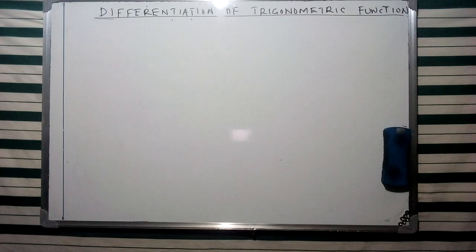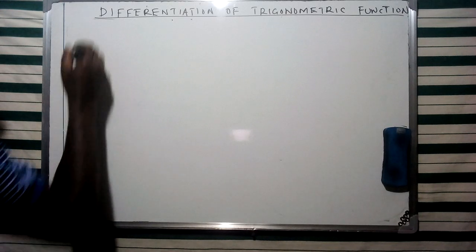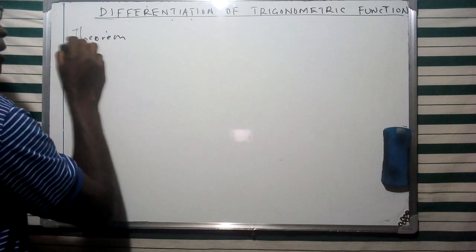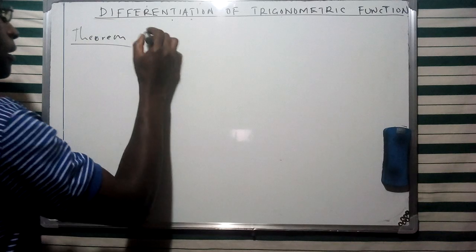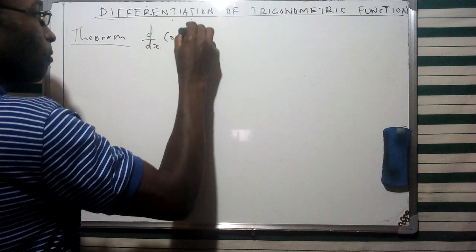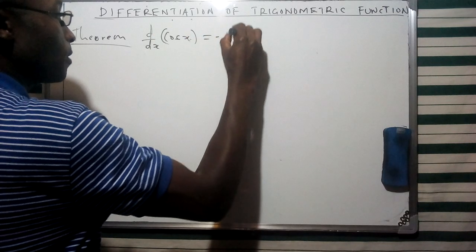In this specific video, we're going to look at the concept of differentiation of trigonometric functions. This of course is going to complement the various discussions we have had on the derivatives of trigonometric functions and their various inverses. In this case, we're going to have a theorem whereby d over dx of the cosine of x is given as negative the sine of x.